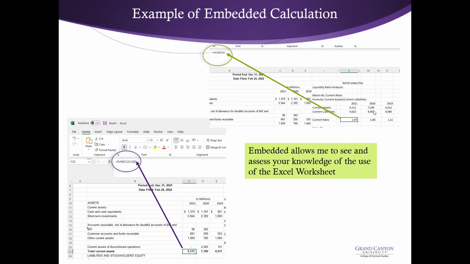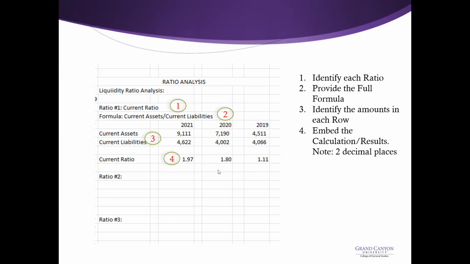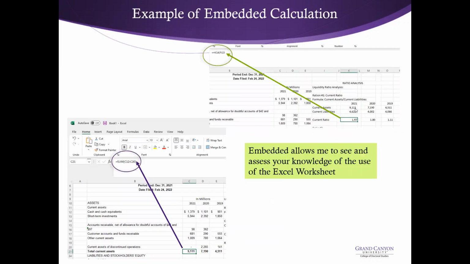So in the example that we just saw, we had the 1.97 ratio for the current ratio for 2021. Well, if we look at that 2021 information and we pull the data over into our little ratio analysis, when I click on that result, this is what I want to see.